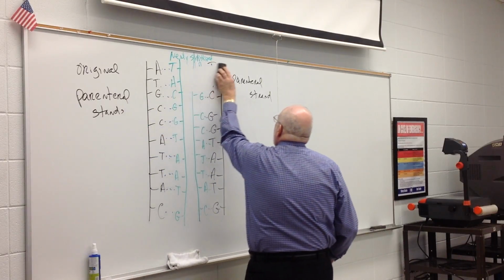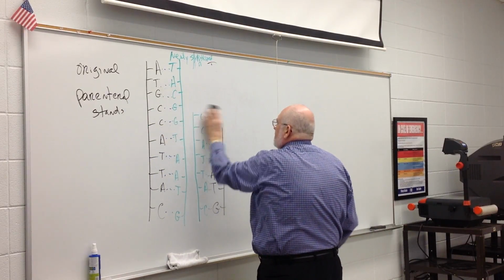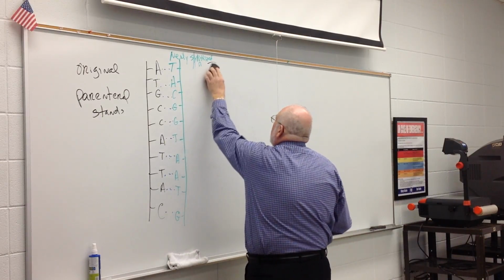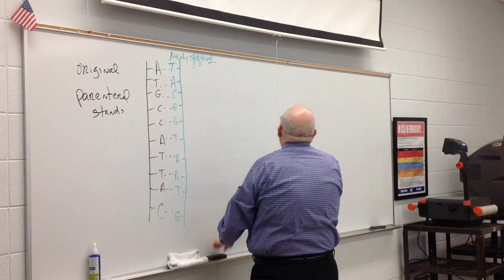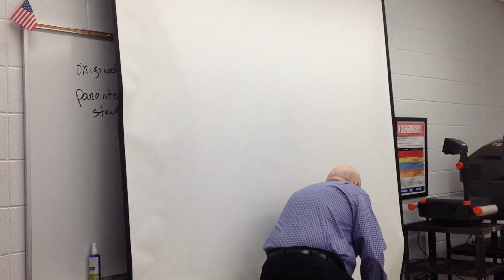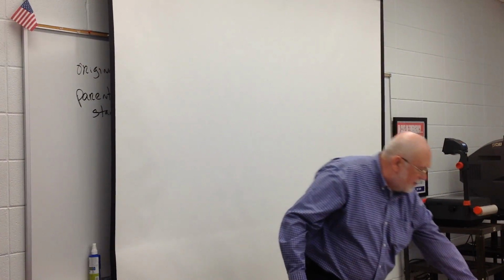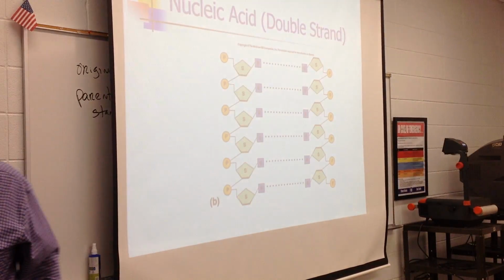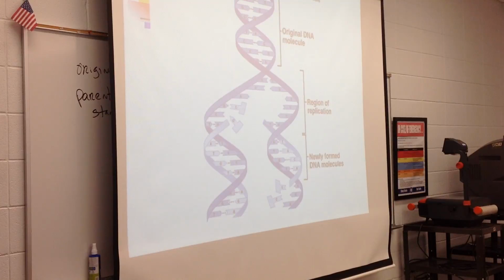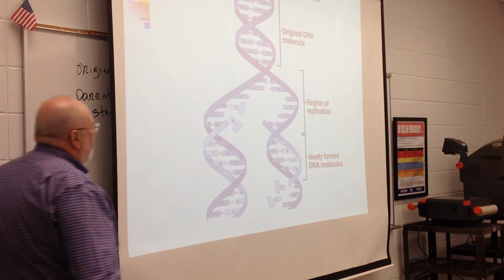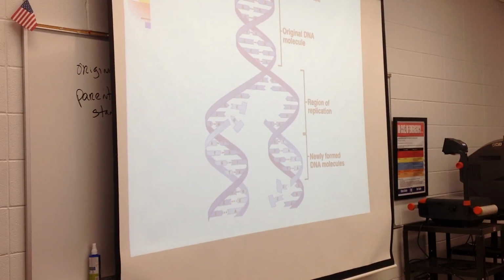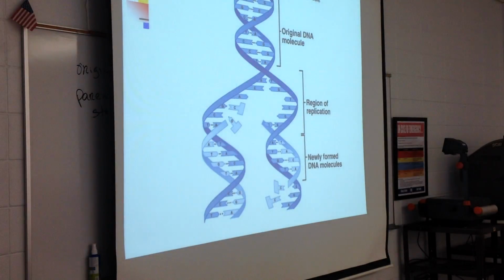Okay, well, I'm going to get rid of one of these, and I'm going to keep the other one, because I'm going to use it here in a bit. So let's come back and take a look, because I think our next slide shows us this replication business. And, in fact, it does, because here we have, in the dark blue, the original DNA up there at the top of the screen.